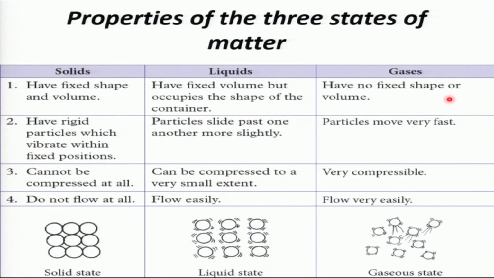Then gases do not have fixed shape. They also take the shape of the container. The only difference between liquids and gases is that for gases, you need to cover the container such that you maintain the gas in that container, and it takes the container's shape.